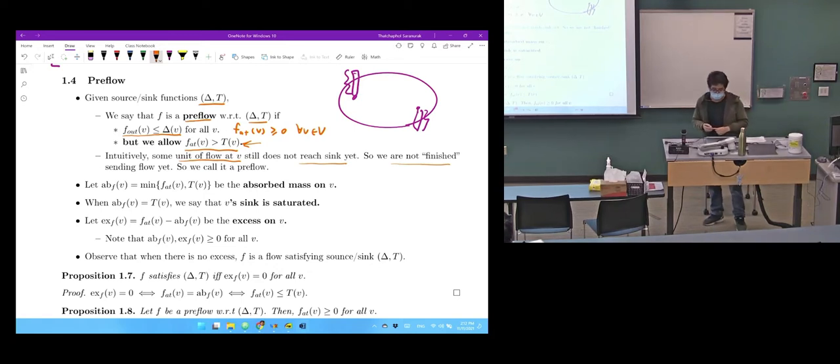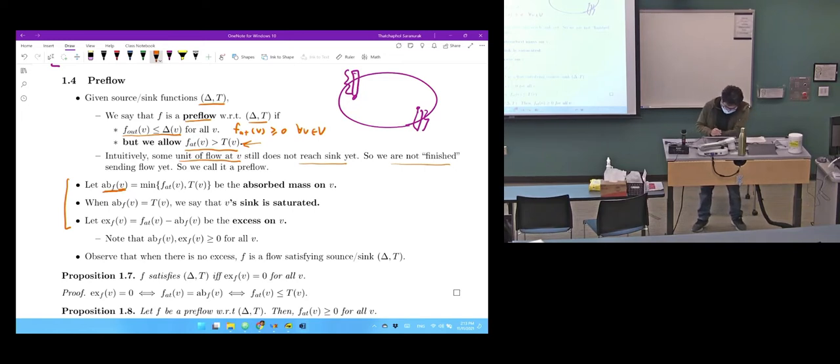Okay. And then I would need more definitions just to talk about things, but all of this is just the words to talk about things that make sense. And so here I define absorb mass at v.